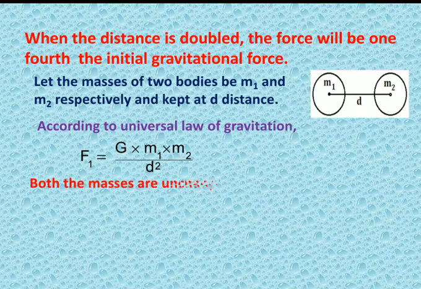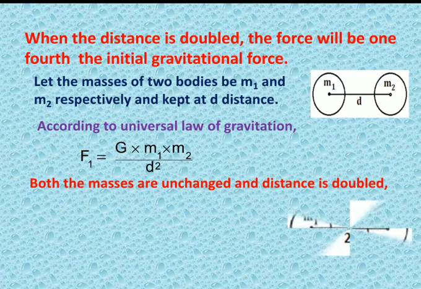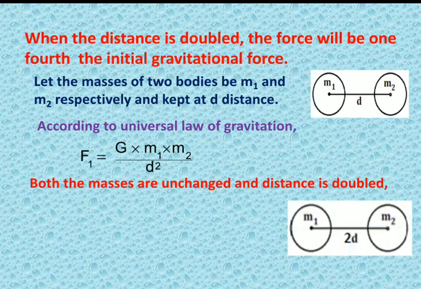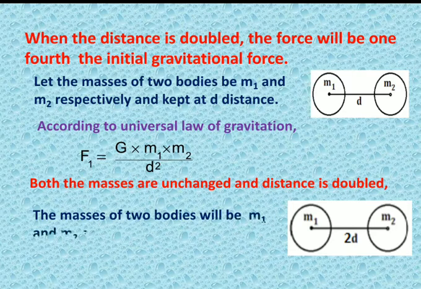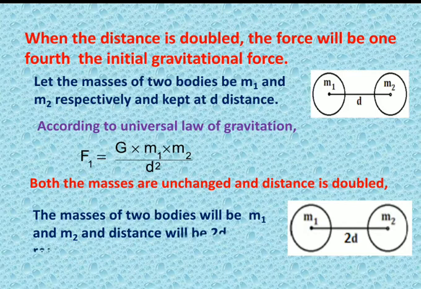The masses are unchanged and the distance is doubled. The masses of the two bodies will be m1 and m2 and the distance will be 2d respectively.